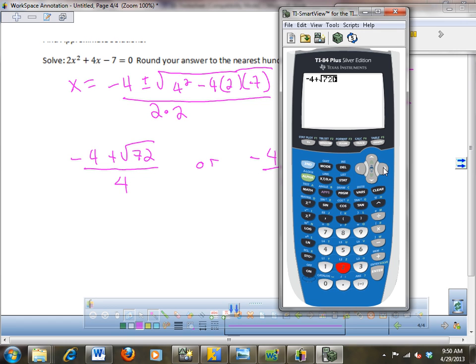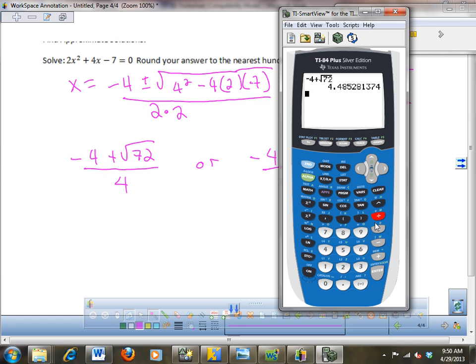And then you got to make sure that you're outside of that box. I think with this, you should hit enter, or else you have to put this thing in parentheses and then divide by 4. So I'm going to get enter. That gives you 4.85 on the top.